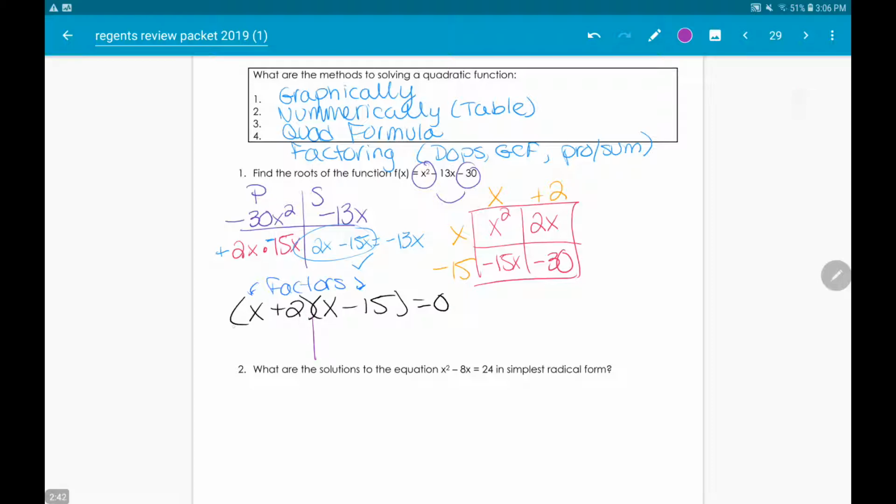In order to get my solutions, I need to set them equal to 0 and solve. So my solutions, my roots, are x equals negative 2 and x equals 15.